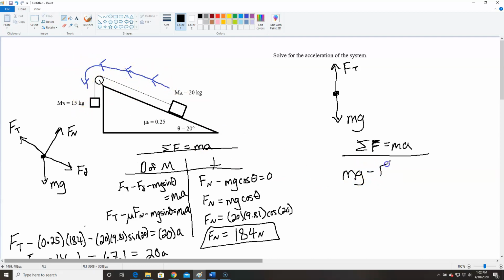So it'll be mg minus the force of tension equals ma. So 15 times 9.81 minus the force of tension equals 15a. So we'll have 147 minus force of tension equals 15a.